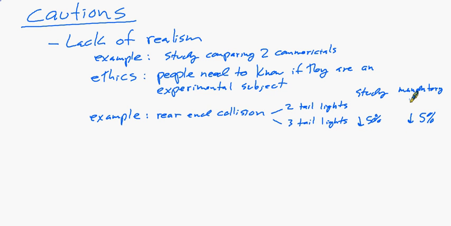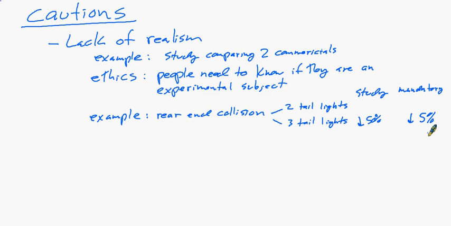Huge difference. What was the difference between the study and after it was mandatory and it was on the roads? Well, the thought is that during the study, very few people had three taillights. So those who did, that were part of the study, other people noticed it right away, and there was a reduction in collisions.